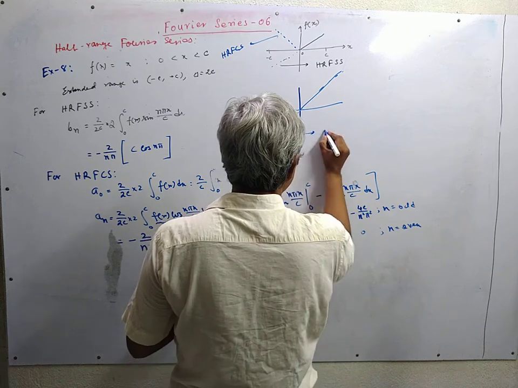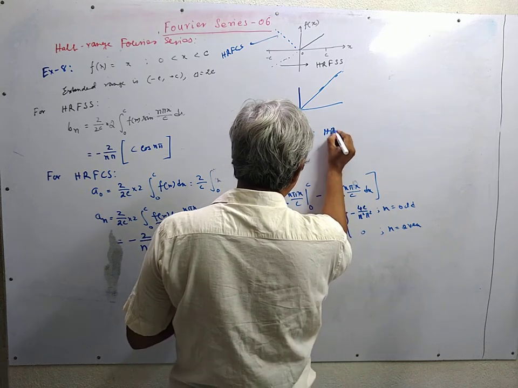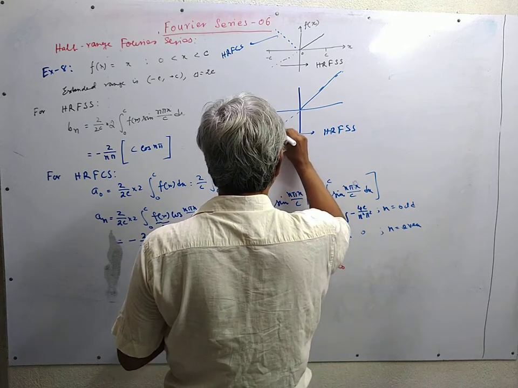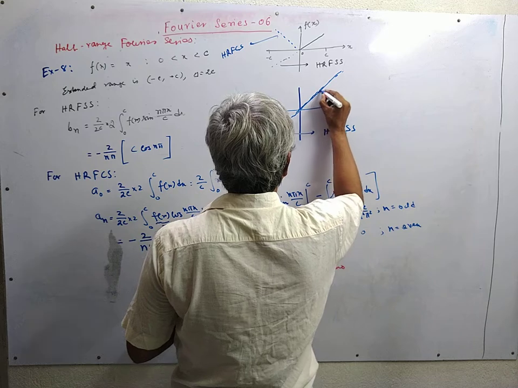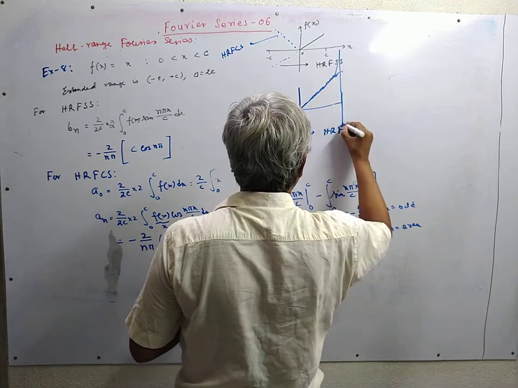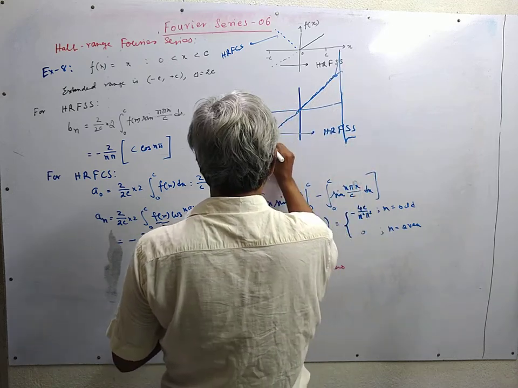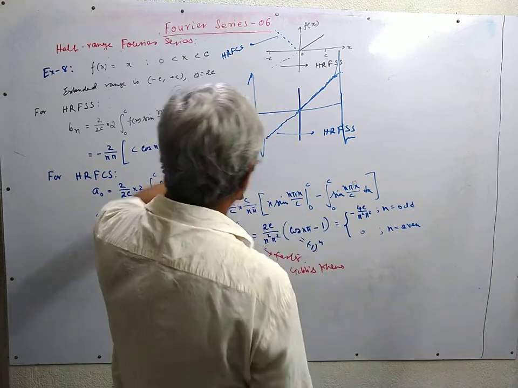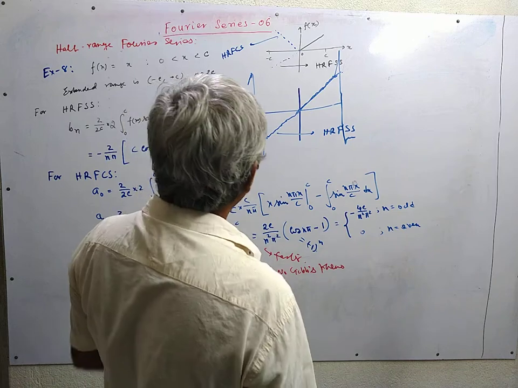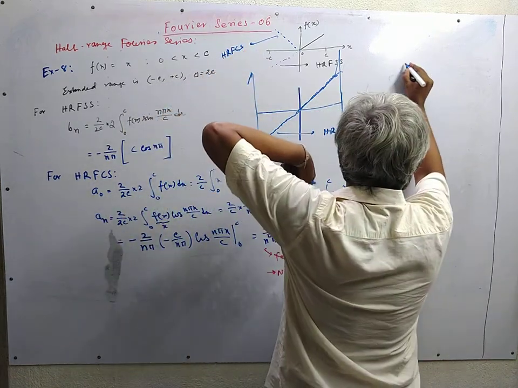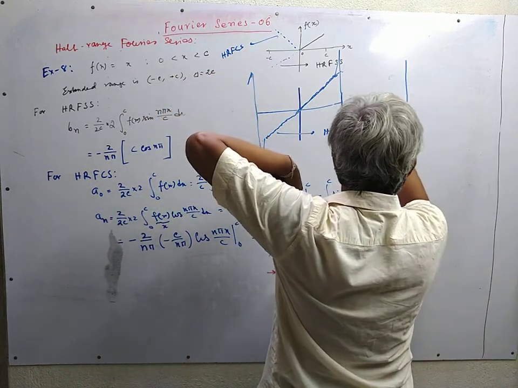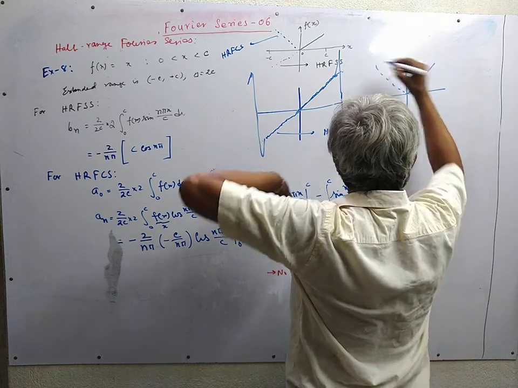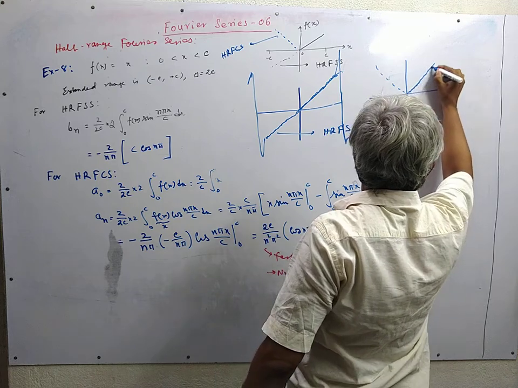This is half range Fourier sine series. If we allow this, there will be the Gibbs phenomena. And for half range cosine series, the estimation will be like this.